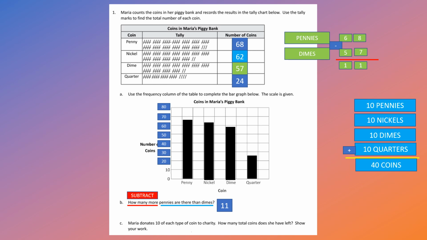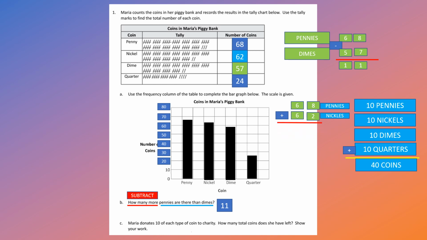So I'm going to add my first two numbers, 68 plus 62. So I have 68 pennies. And again, I like writing it out, 68 pennies, because I need to write down what I'm doing. I need to write it out so I can see it. You need to write it out so you can see it. So 68 pennies plus 62 nickels. Again, write it out.